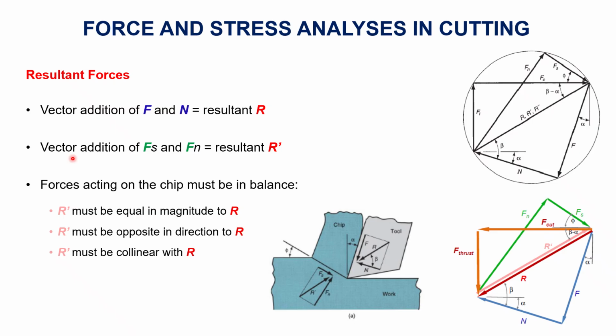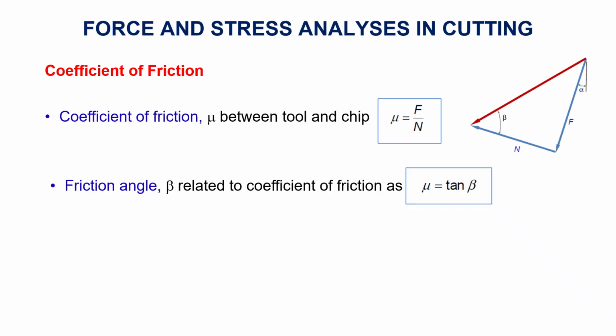The forces acting on the chip must be in balance, so R prime must be equal in magnitude to R, opposite in direction, and collinear to the resultant R. The coefficient of friction, or mu, is equal to the friction force over the normal force. It can also be calculated using the friction angle beta, so the tangent of beta is equal to the coefficient of friction.